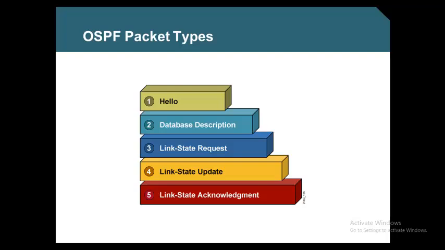If it is non-broadcast type, it is not going to be 10 seconds, it is going to be 30 seconds. We'll talk about that later again, but in general, hello packets are 10 seconds. Only in the case of non-broadcast, hello packets are sent every 30 seconds.